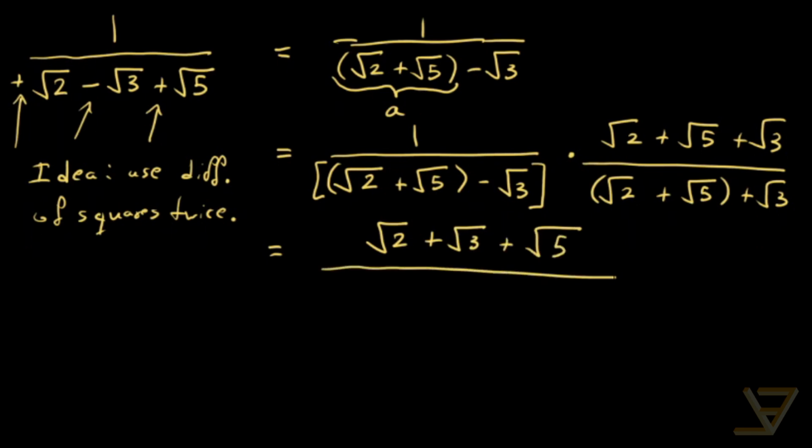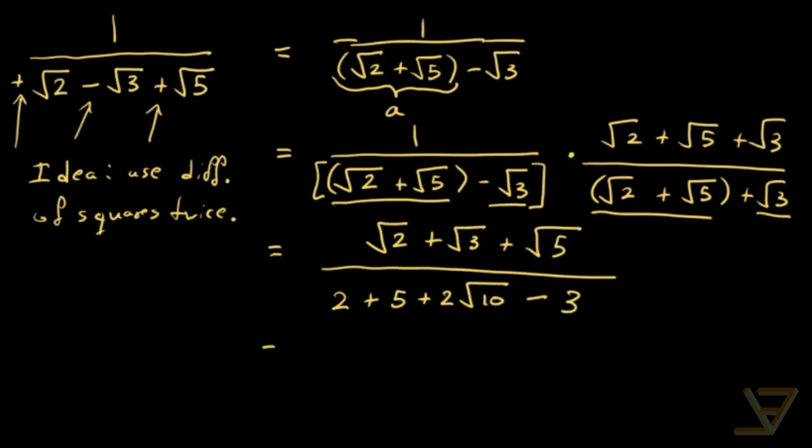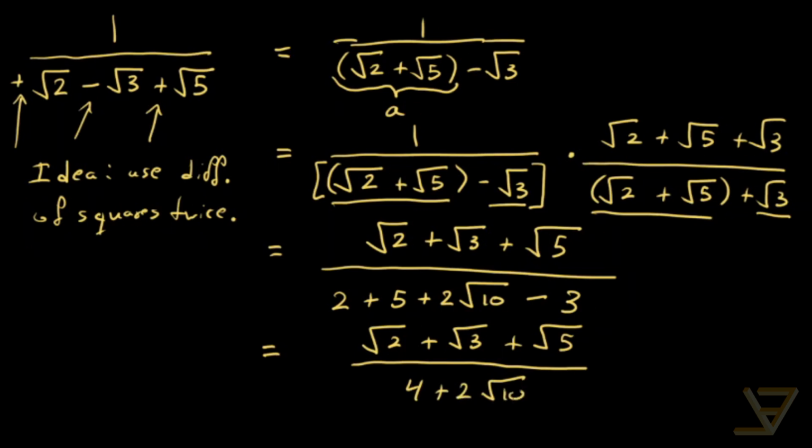In the bottom, by using difference of squares on this component and this component, we get 2 plus 5 plus 2 square root of 10 minus 3, and that's equal to square root of 2 plus square root of 3 plus square root of 5 divided by 4 plus 2 square root of 10.